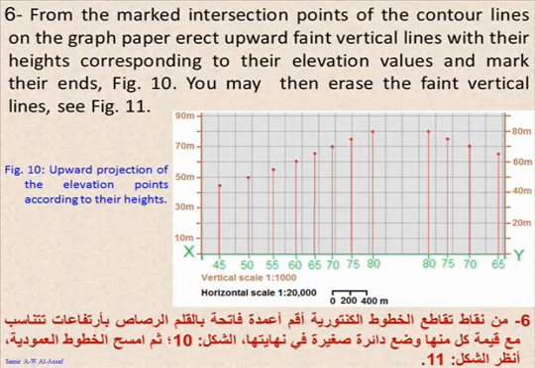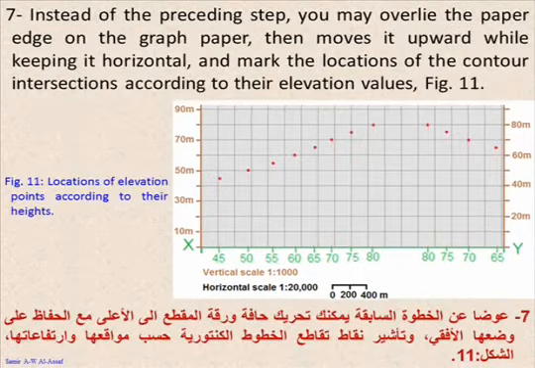You may then erase the faint vertical lines, figure 11. 7. Instead of the preceding step, you may lay the paper edge on the graph paper, then move it upward while keeping it horizontal, and mark the locations of the contour intersections according to their elevation values, figure 11.